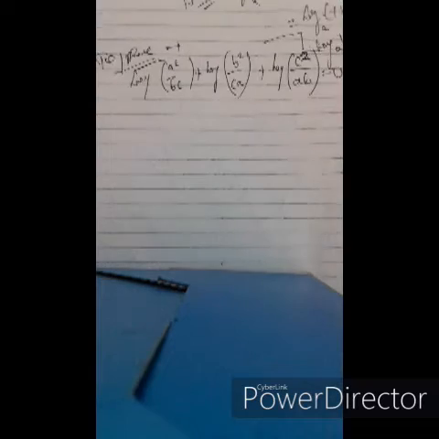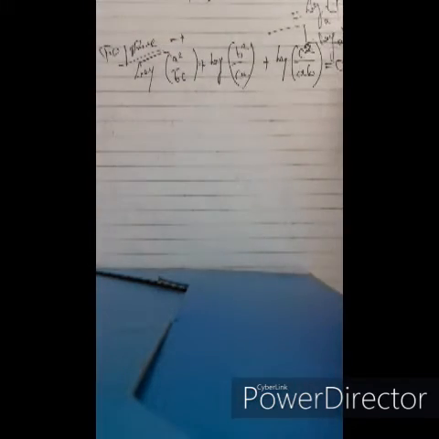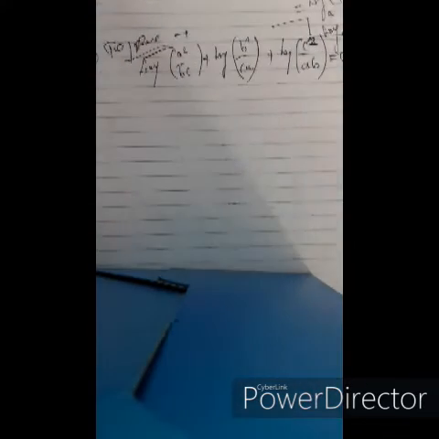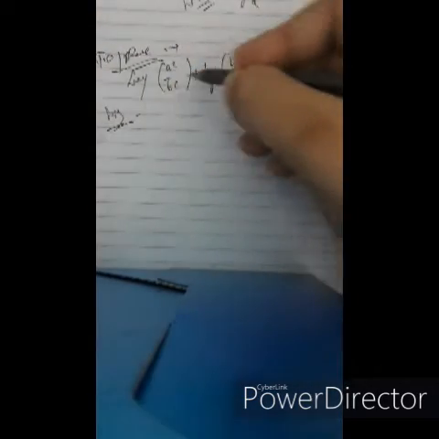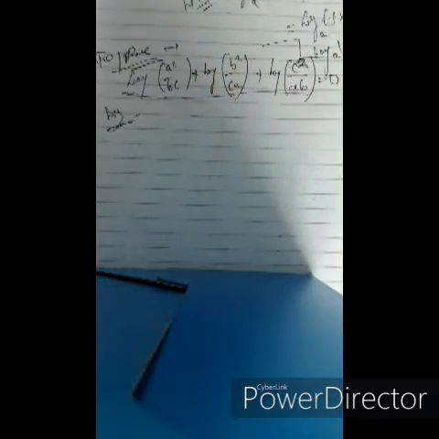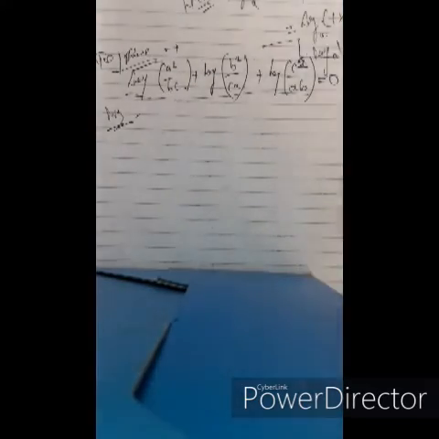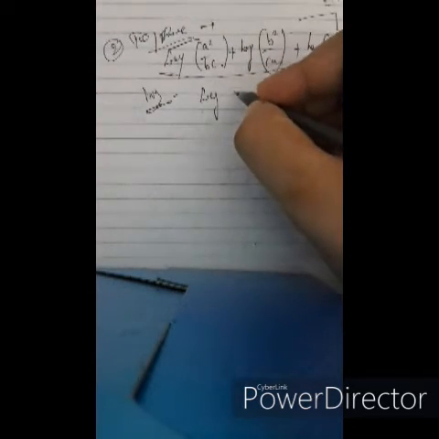So how do we do that? Now we have to put it directly in the formula of logarithm. So taking the LHS part is this part. We can take it in the form log m plus log n plus log q. Log m plus log n plus log q becomes equal to log m into n into q.